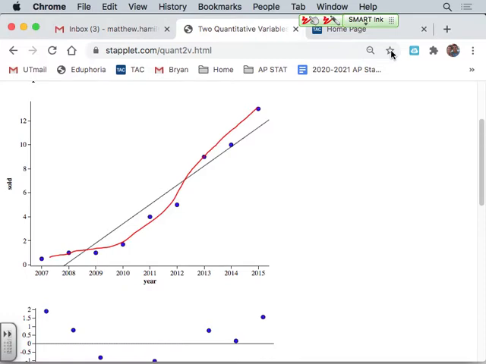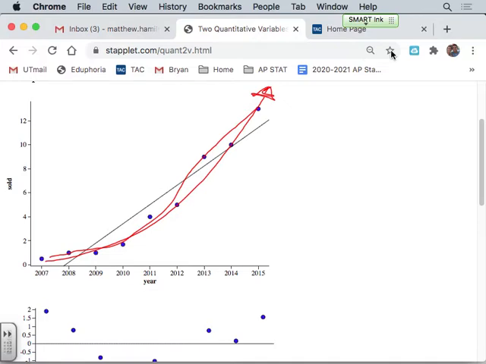Like number 2, what form did you think it was? Having some residuals above, and then below, and then above again shows that I probably have a curved, either exponential or quadratic, form. We just don't know what type it is, but it seems like it's not really fitting a linear pattern.